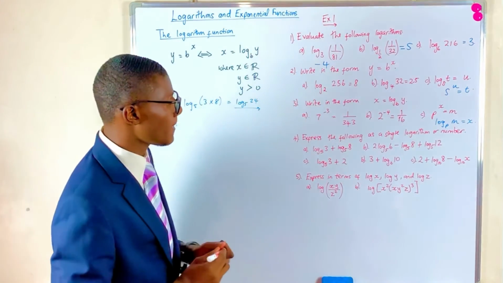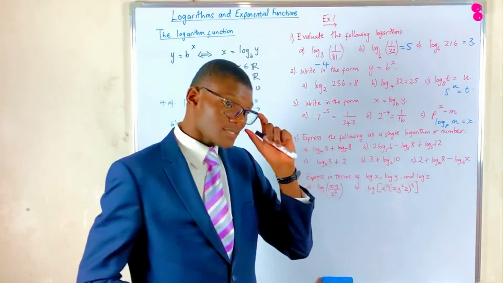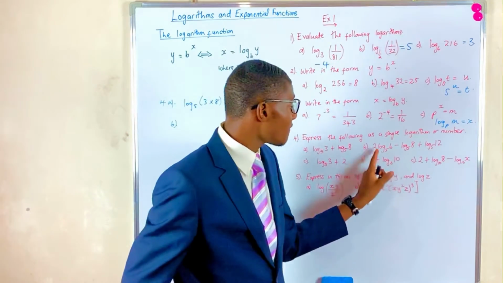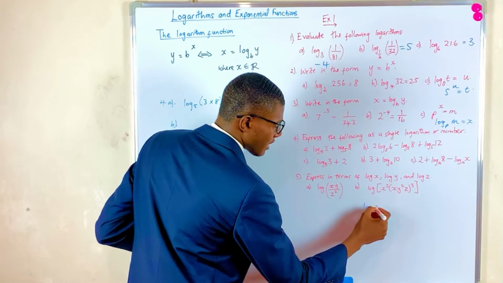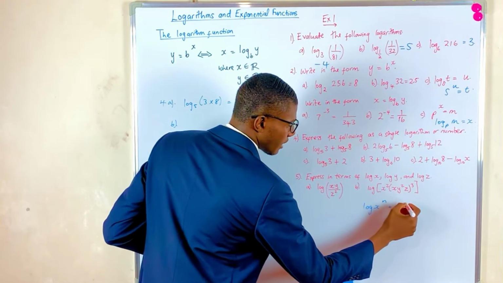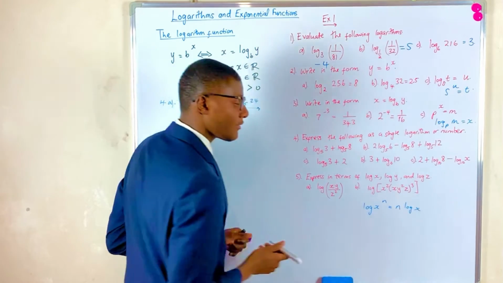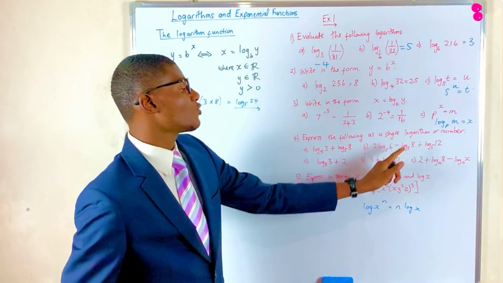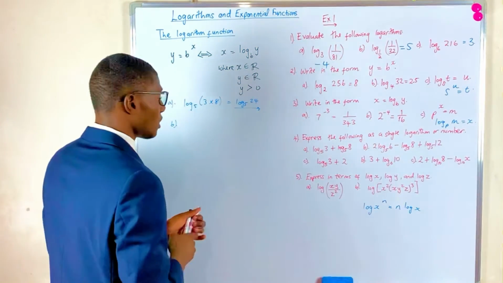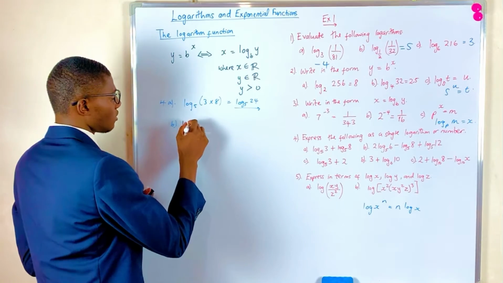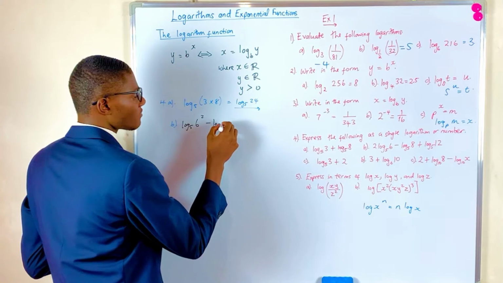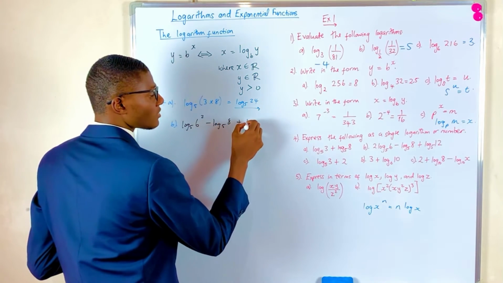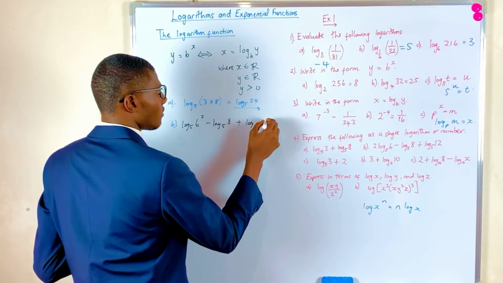Then for part b, 2 log to base 5 of 6. First, we can apply the rule that n log to base x is equal to log to base x of the power n. So if we raise this to the power 2, it will be log to base 5 of 6 squared minus log to base 5 of 8 plus log to base 5 of 12.